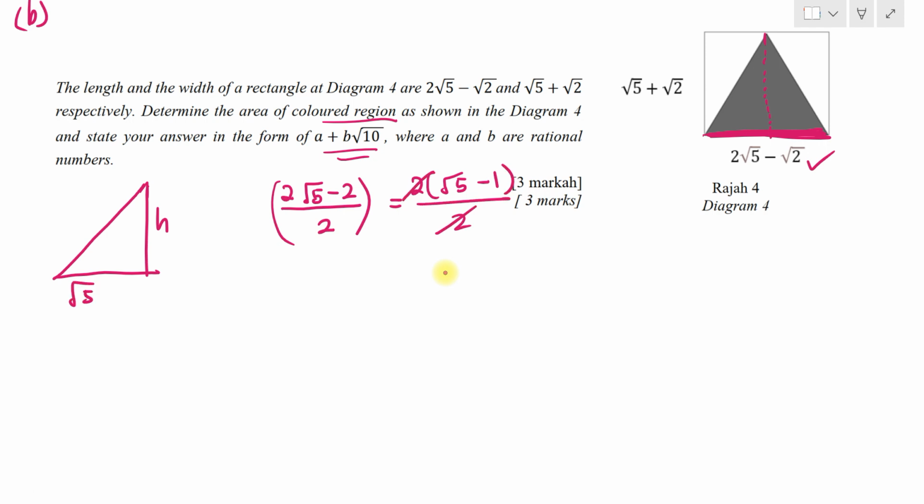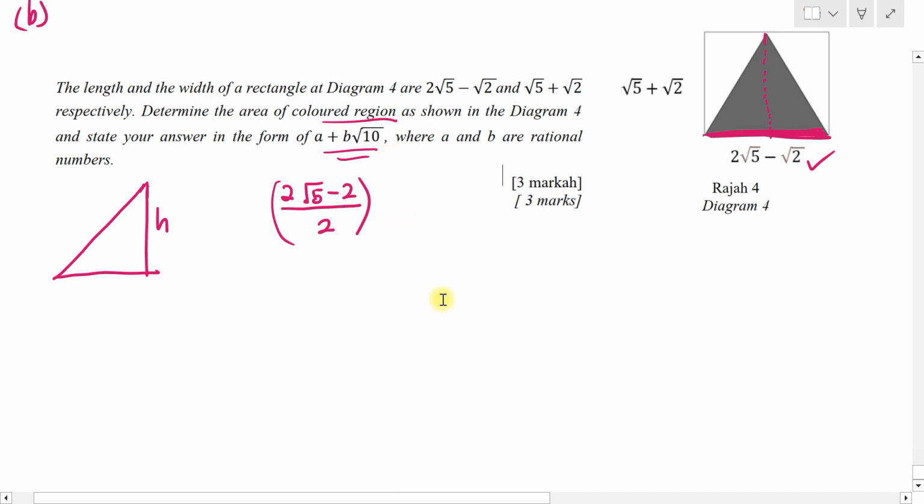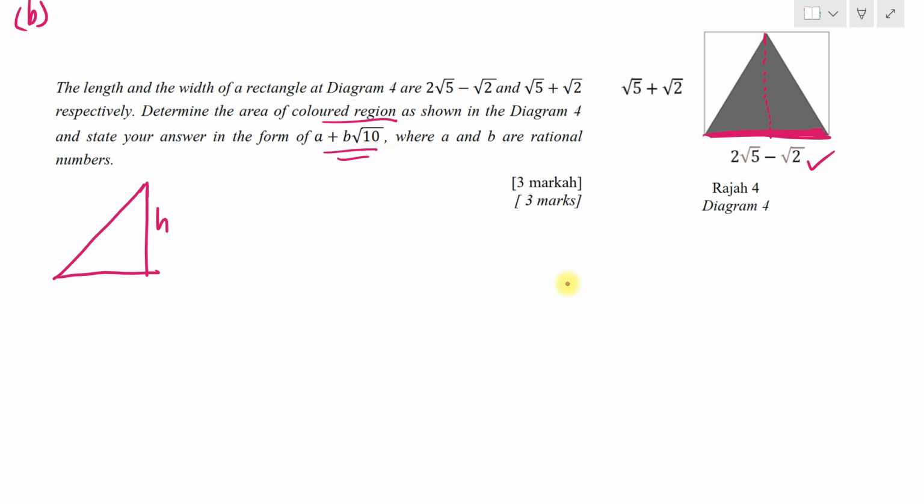So you get surd 5 minus 1 here. Sorry guys, here I didn't notice it was surd 2. Okay, wait, one more time. 2 surd 5 minus surd 2 divided by 2.